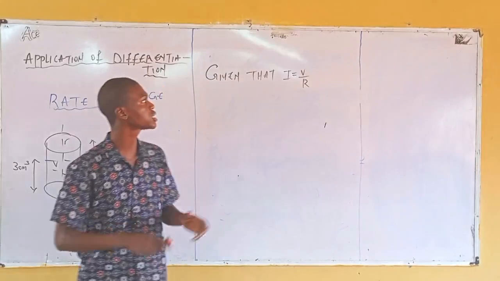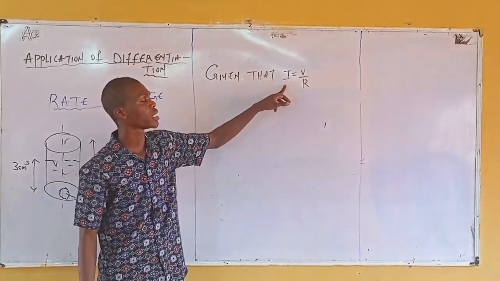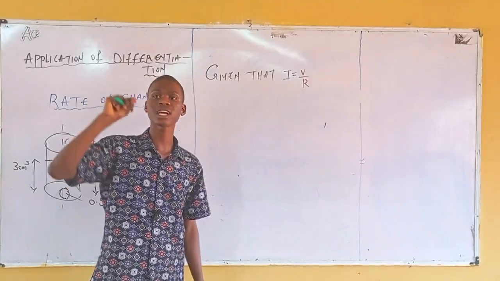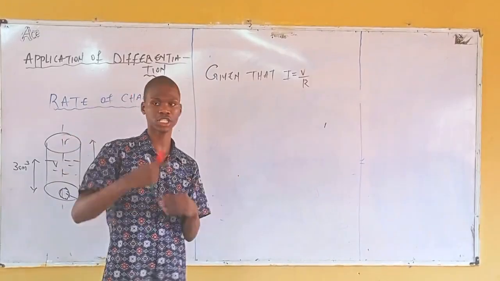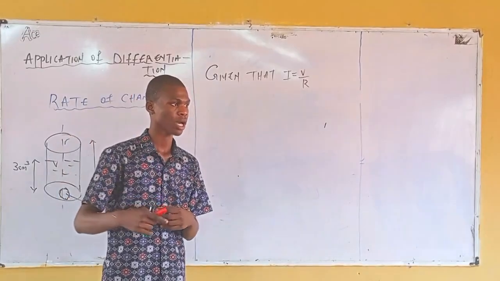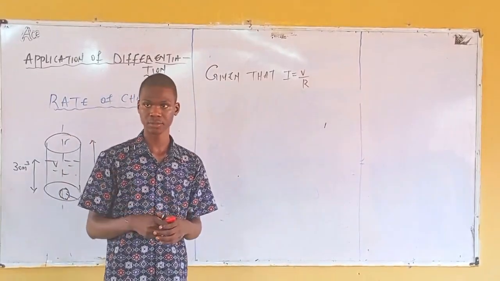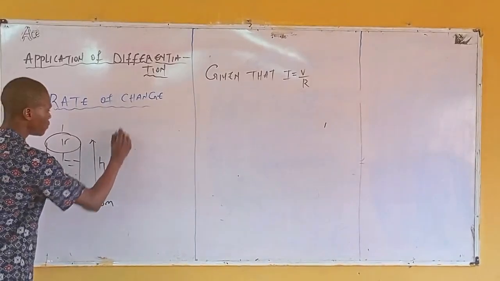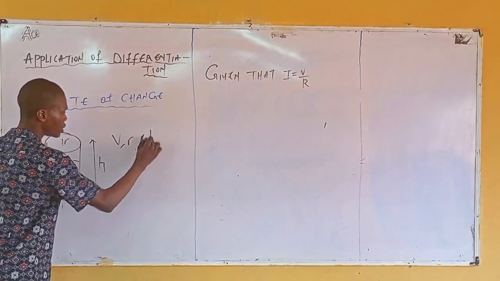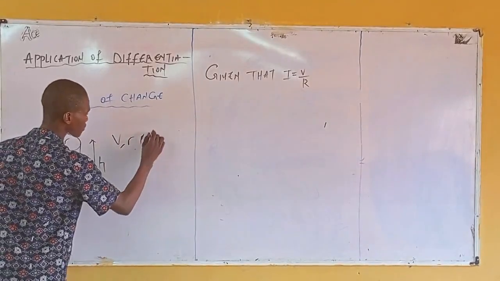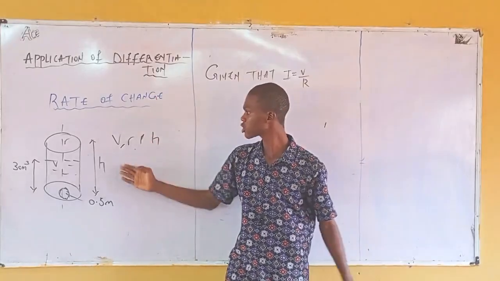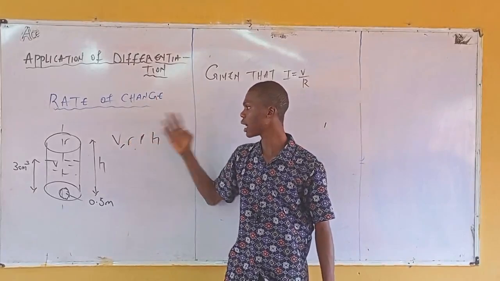Check that question. In this case, we are given that I is equals to V over R. So you have to determine the rate at which I is changing with respect to time. But from here, recall from your elementary mathematics, there is a relationship between V, R, and H. From geometry, SS1, SS2, there is a relationship between volume, radius, and height of a cylinder.